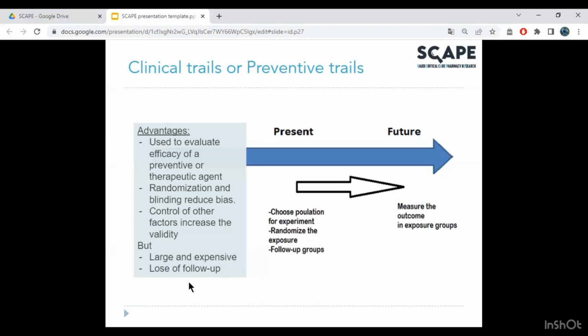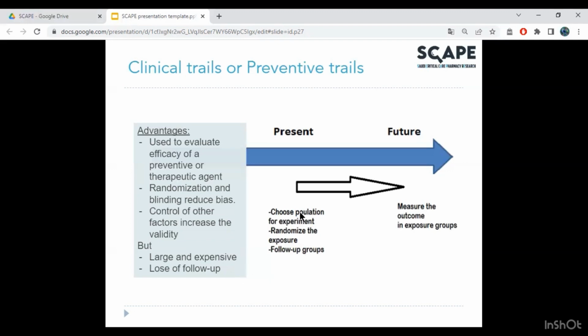Now, RCTs, although they are the gold standard of clinical research and efficacy research, are large and expensive, and also susceptible to loss to follow-up, similar to cohort studies.